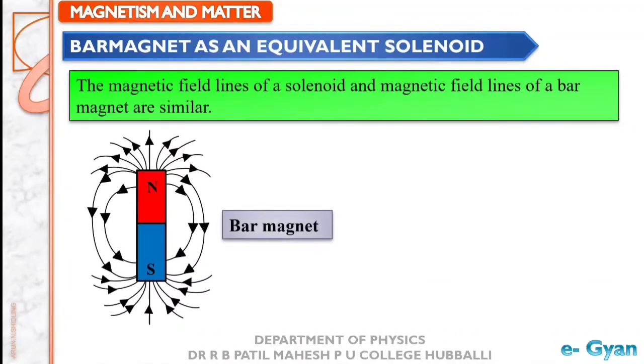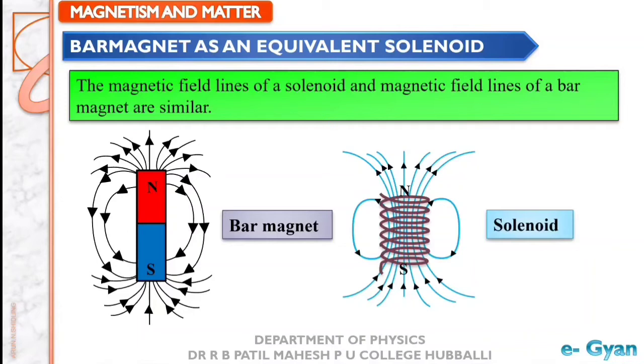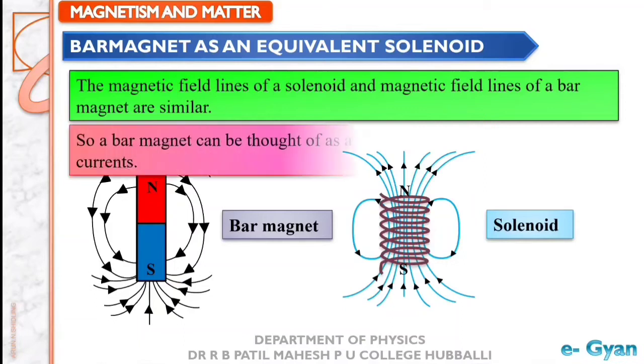By looking at this diagram, you can see the magnetic field lines around a bar magnet, and beside that you have a solenoid which is almost similar to the bar magnet. We need to prove that the magnetic field due to both of them will be the same or almost similar.